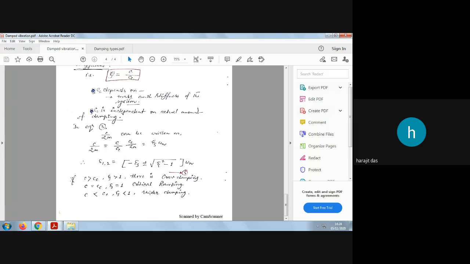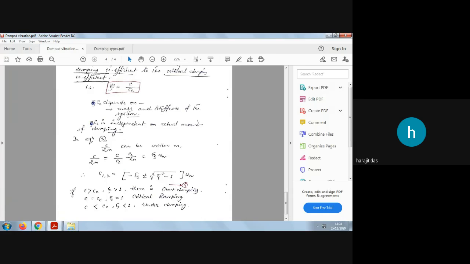And you should know this conversion also: c by 2m is zeta into omega n, because in the question this value will be given and you will be asked to find the mass, if c is also given. These types of objective questions are basically asked.